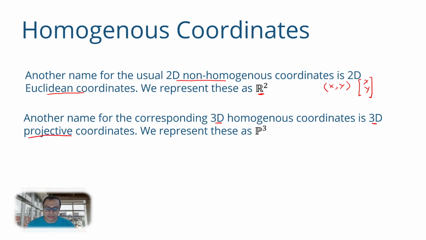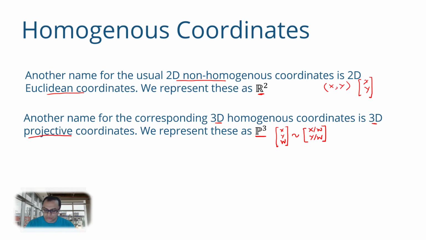Okay, so this is another name for 3D homogeneous coordinates, and from the word projective comes this representation for the set of homogeneous coordinates, which is P3. Okay, so for us that means that the homogeneous coordinate is going to look like that. Okay, so corresponding to this, the Euclidean counterpart is that.